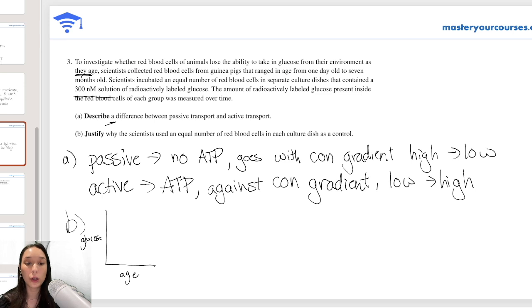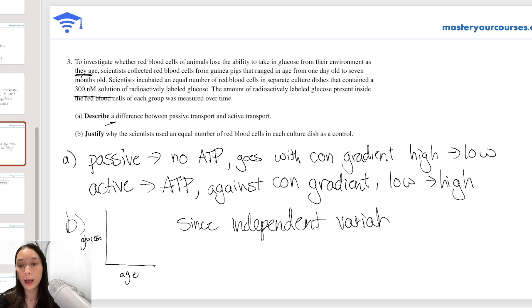So since your independent, or your changing variable, is age, or you can say the thing that you're looking at, you have to keep all the other variables constant.